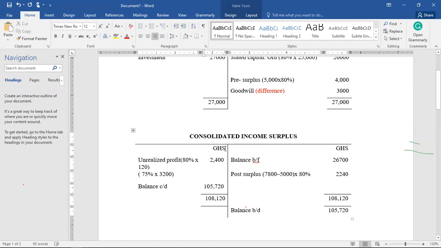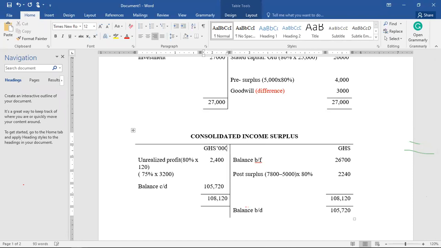Let me do this here before, because this question is a little bit confusing. Some people will come and be asking why, so let me write my 120,000 here. 80% of 120,000, how much are you getting? 96,000. So if I write 96 here, you should understand.